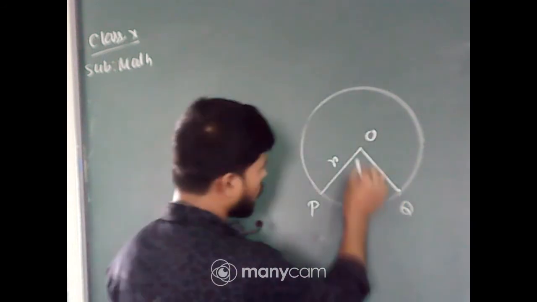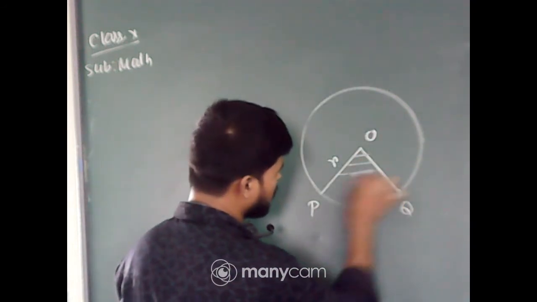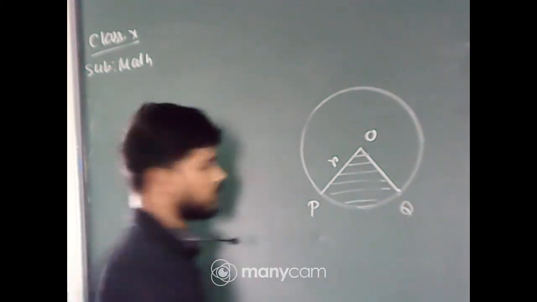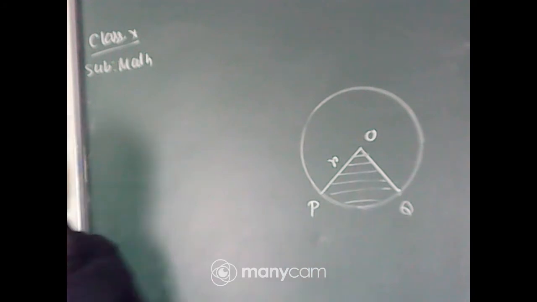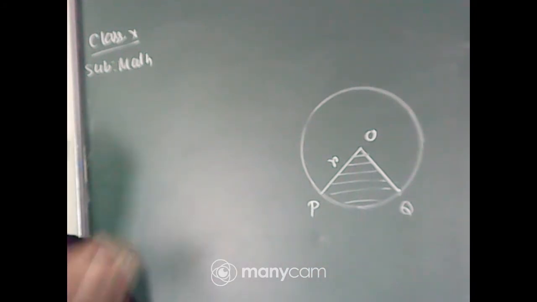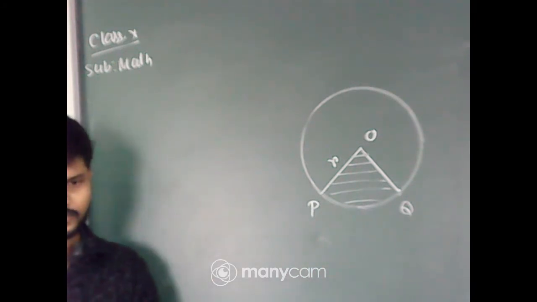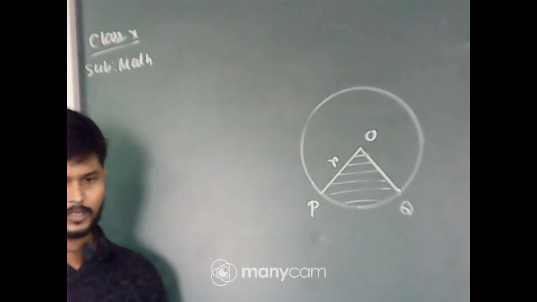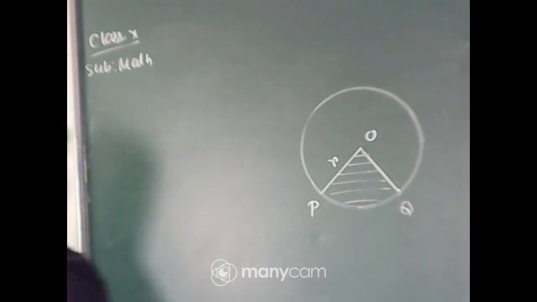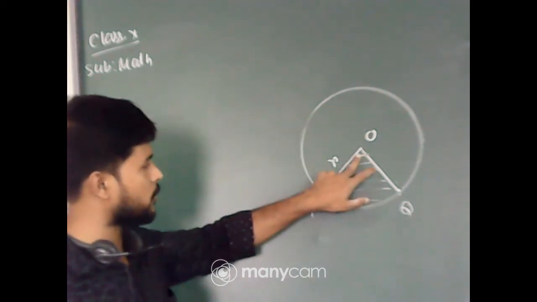Can you tell me what we call this portion? We have already discussed it. But what is the name of this shaded portion? Yes, very good. This is the minor sector and this unshaded portion is a major sector.